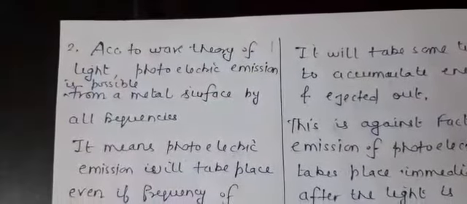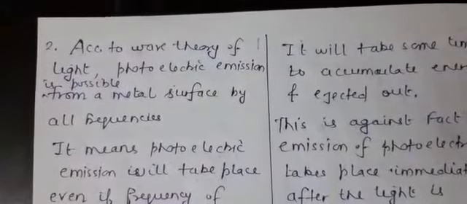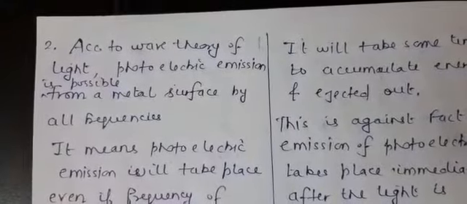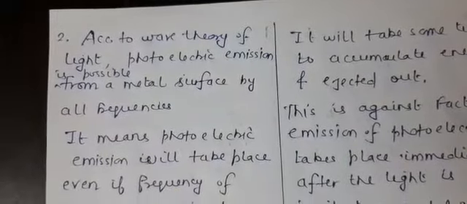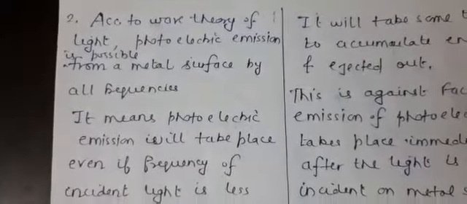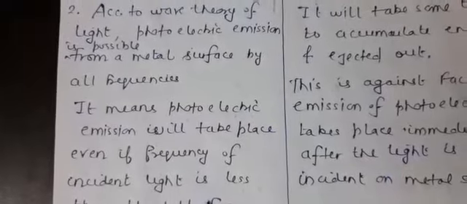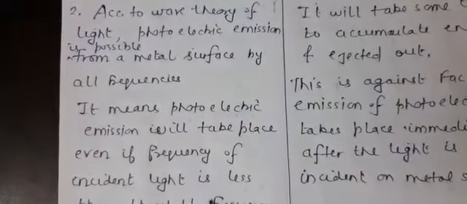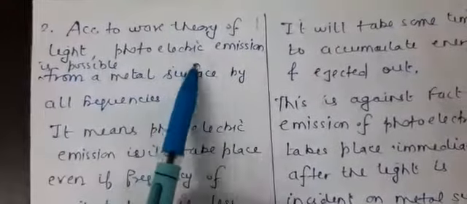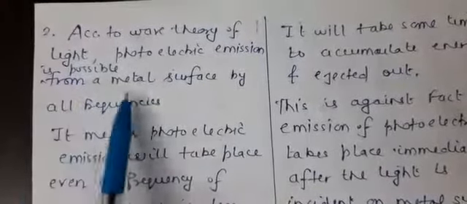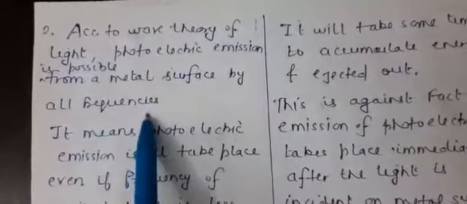Next point, wave theory says that photoelectric emission is taking place for all the frequencies, irrespective of the point that there should be some minimum frequency. So this is a contrast with the experimental conclusions. According to wave theory of light, photoelectric emission is possible from a metal surface by all the frequencies.